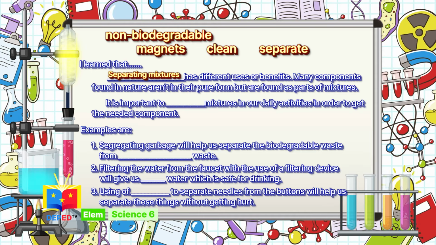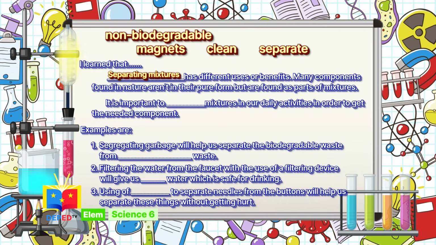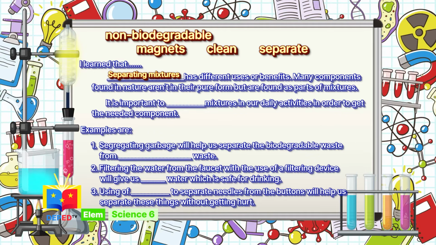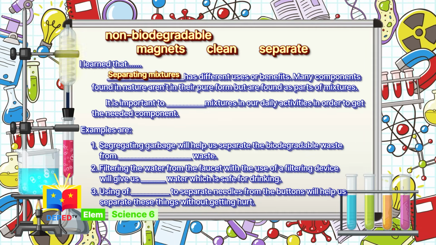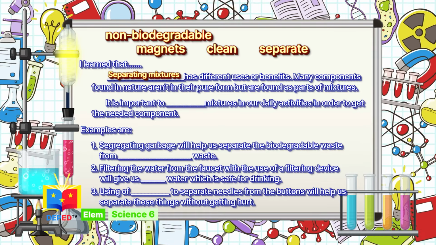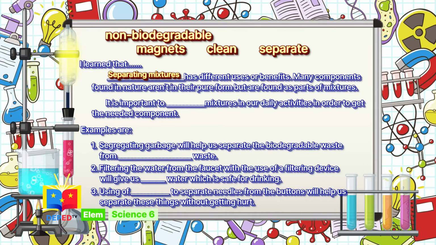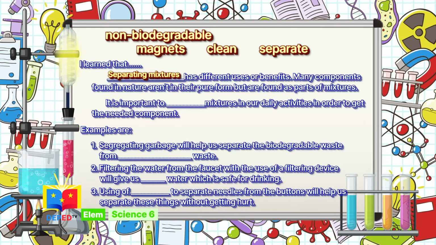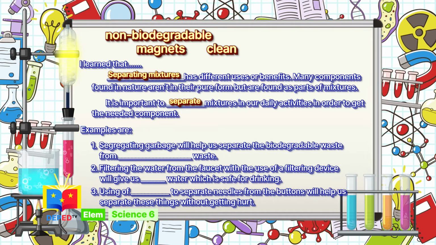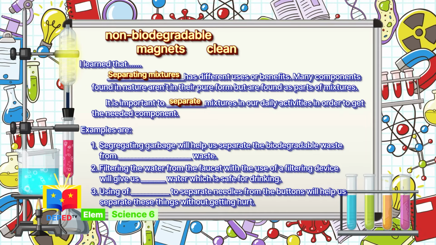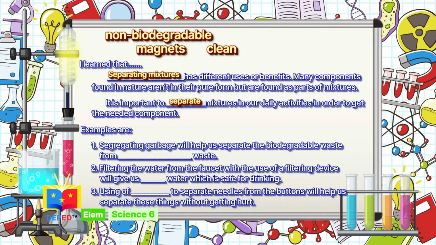Many components found in nature aren't in their pure form, but are found as parts of mixtures. It is important to separate mixtures in our daily activities in order to get the needed component.